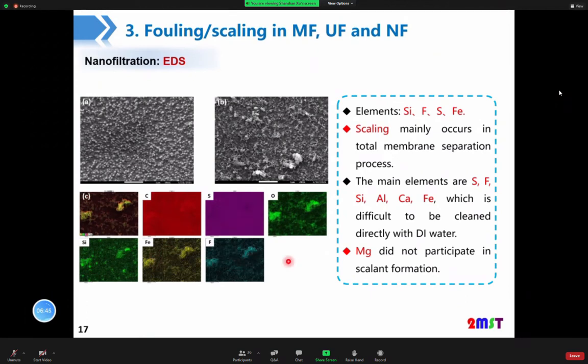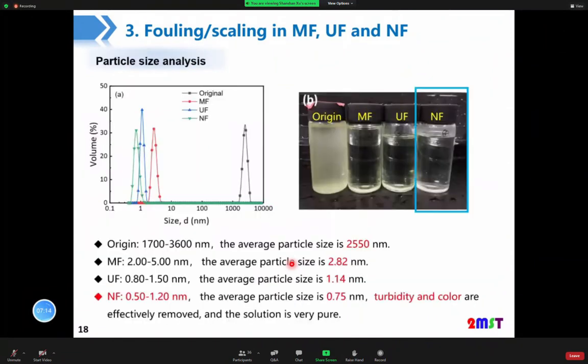To sum up, scaling mainly occurs in the total membrane separation process. The main elements are sulfur, fluorine, silicon, aluminum, calcium, and iron, which are difficult to clean directly with DI water. It was seen that magnesium did not participate in scalant formation in the total process. The particle size analysis showed that after nanofiltration, the solution is very pure.